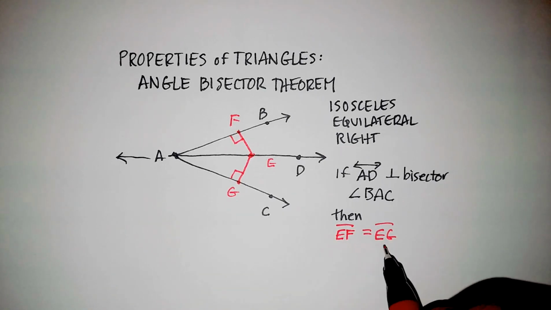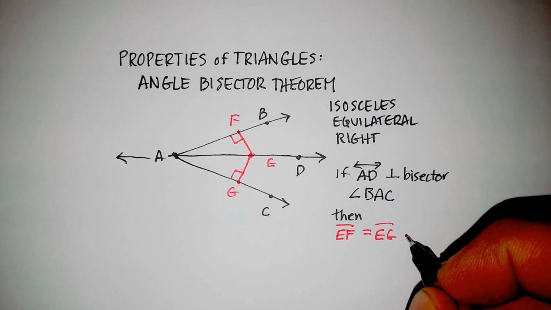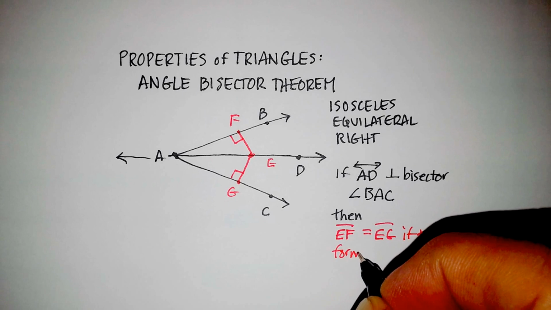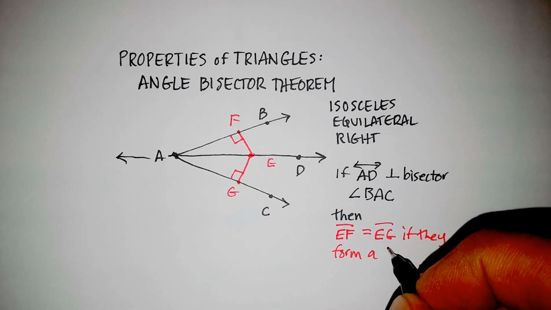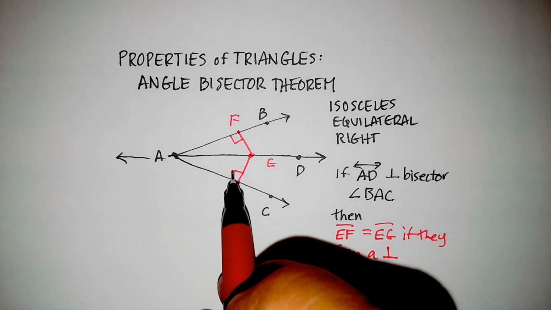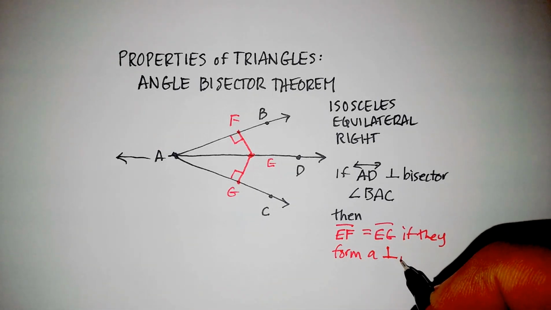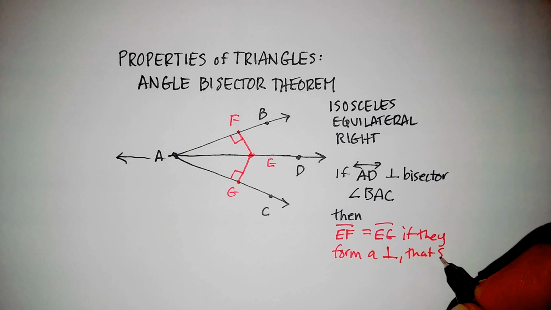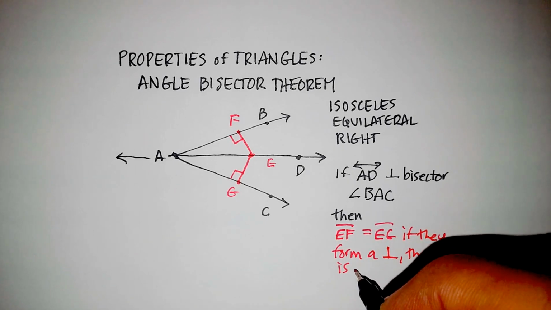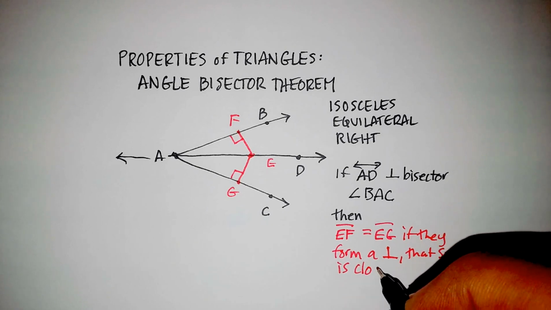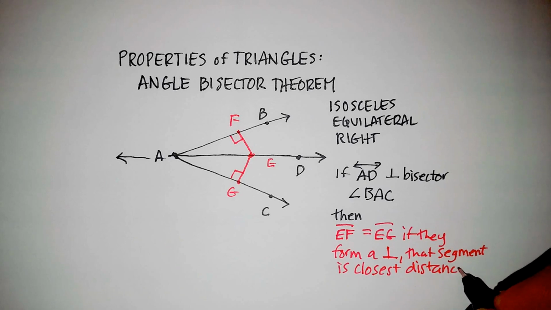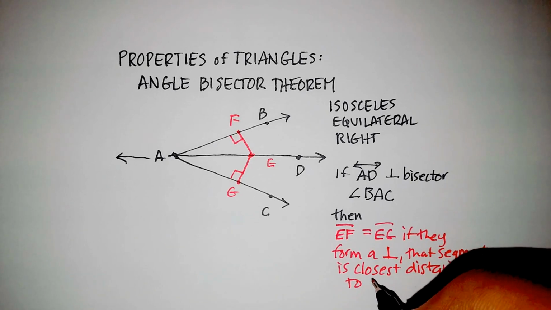And if they form a perpendicular, which is still a right triangle, then that segment is the closest distance to that angle.